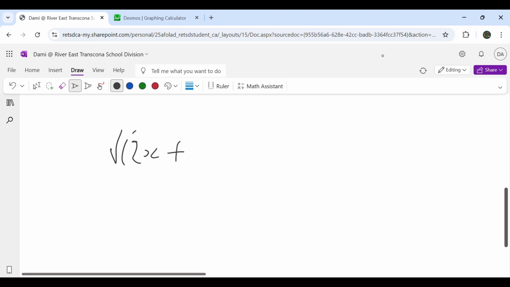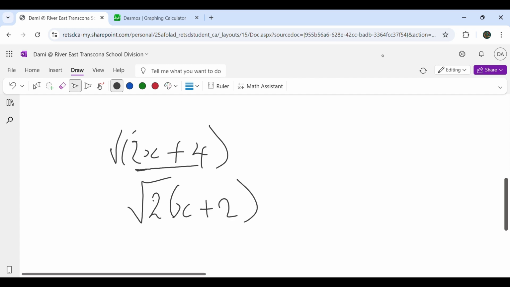So if we create space, the square root of 2x plus 4, the 2 is inside the bracket, so we have to factor it out. So it will be 2 times (x plus 2), and it will move left by 2.